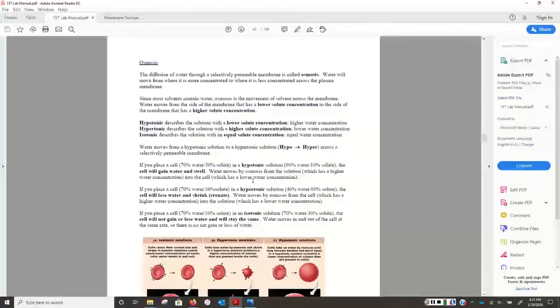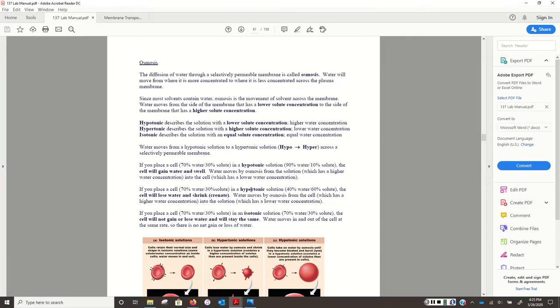Next, osmosis. Osmosis is another type of diffusion, but it's got some very, very specific details that set it apart from just plain simple diffusion. Osmosis is the diffusion of water, and it is the diffusion of water across a selectively permeable membrane.